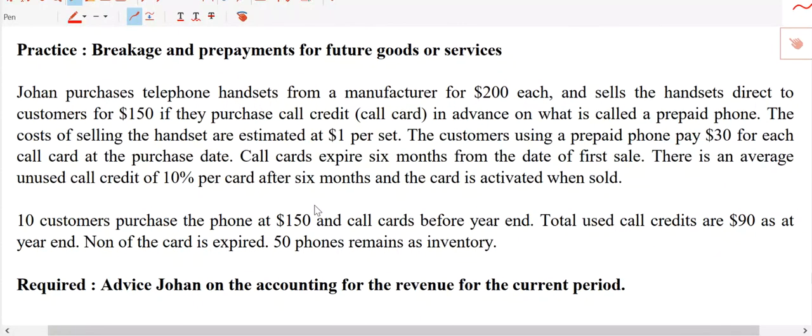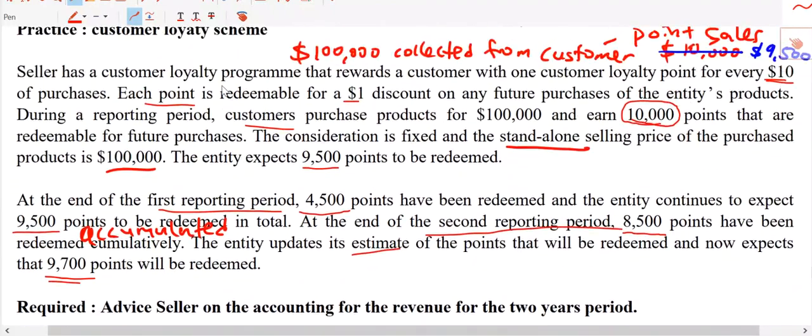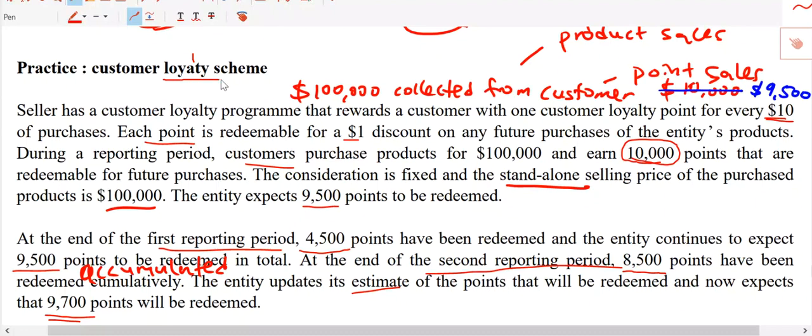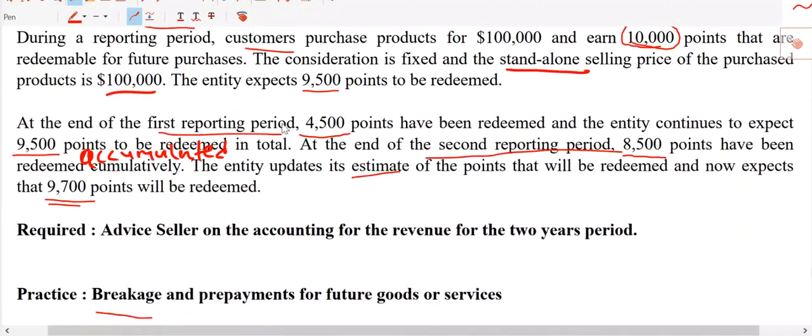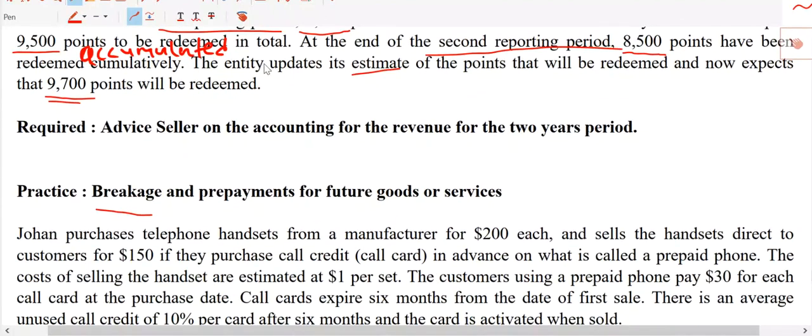Breakage and prepayment for future goods or services. Now, breakage and royalty points can sometimes cause confusion, because they are quite similar, but they're actually different. At certain points, they're quite similar.